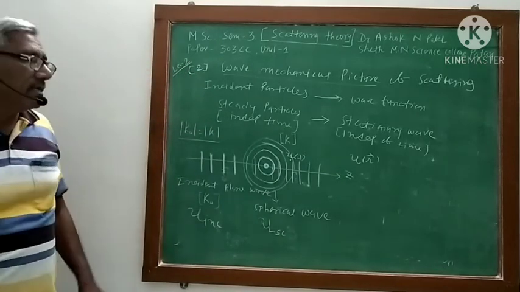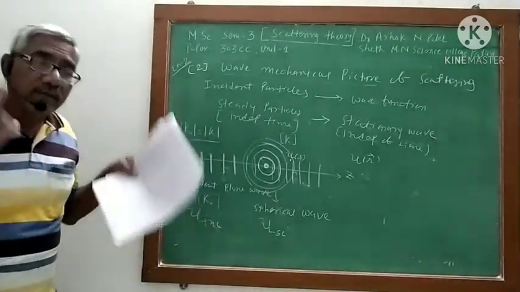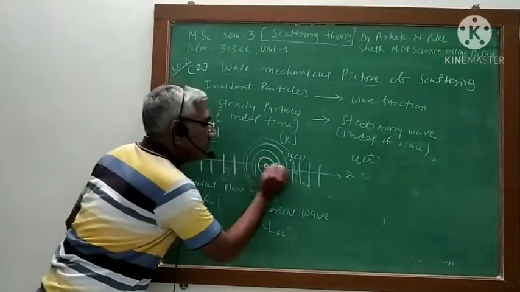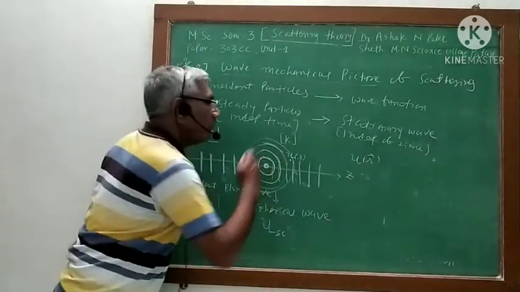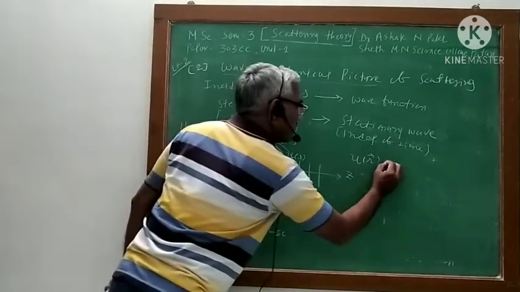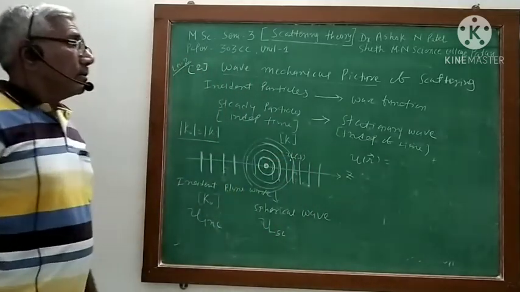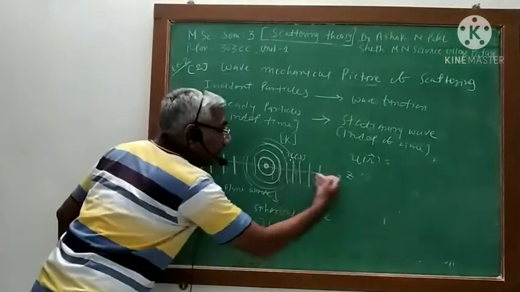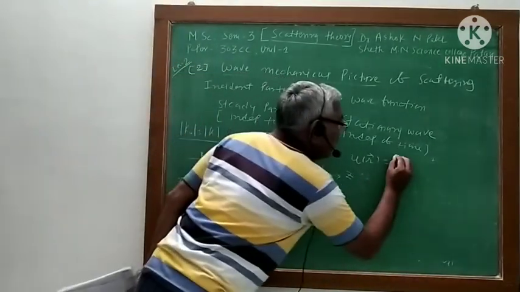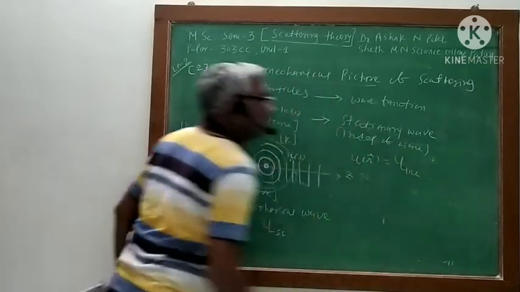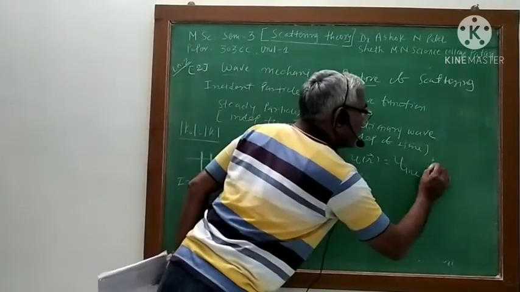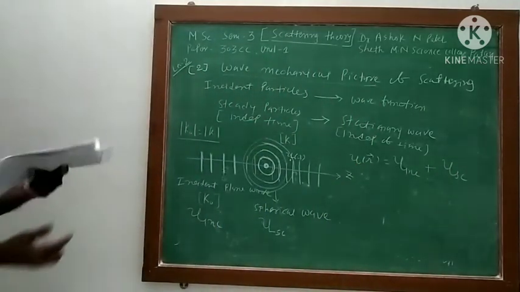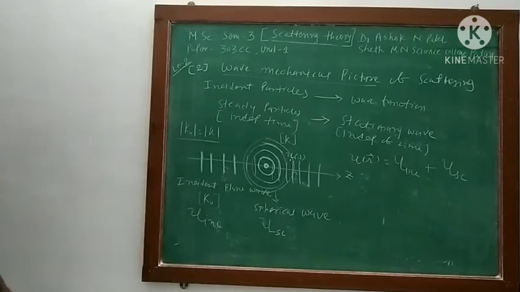Now just try to understand. Now here I have considered the spherical coordinate system with the origin at this point. So now at the distance r, what is my wave function? There is also some part of the incident wave, so it could be the incident wave function plus the scattered wave function. It is nothing but the incident wave function as well as the scattered wave function.